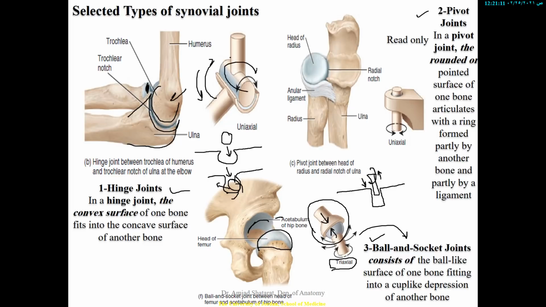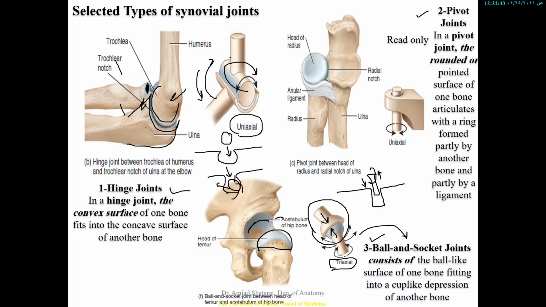Simply because this bone would be broken, and therefore the shape of the lower end of the humerus and the upper ends of the radius and the ulna have determined the range of movement and the axis that this joint would work on, and therefore this joint is said to be uniaxial.